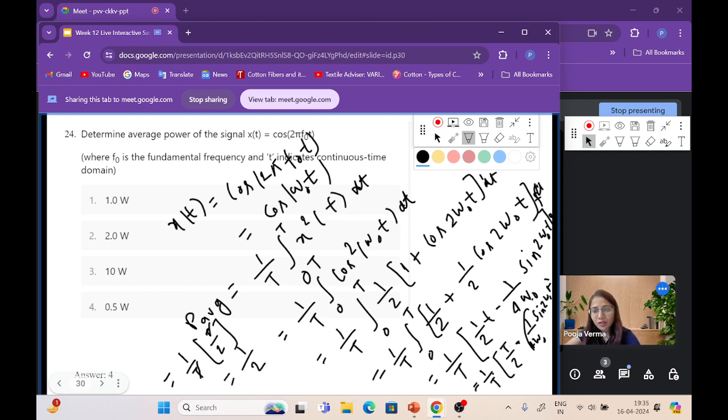So the power of that signal will be 0.5 watt. Okay, so the correct option is option 4. Option 4 is the correct answer for this question, 0.5 watt. Okay, I hope you understand this. So can we move to the next question?